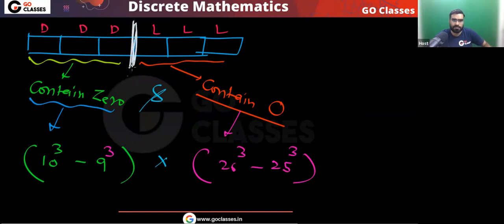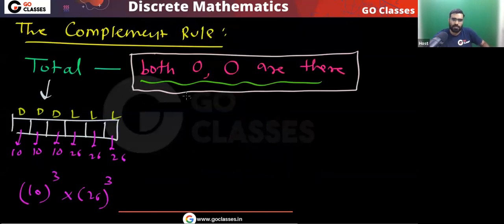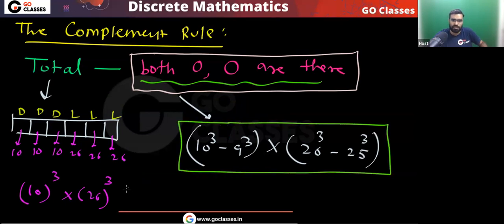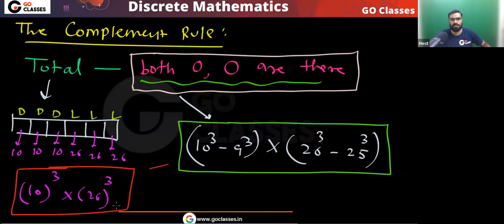I can say total minus not containing 0, and for the letters, total minus not containing O. So your final answer will be 10 to the power 3 minus 9 to the power 3, multiplied by 26 to the power 3 minus 25 to the power 3. This value you remove from this total. This will be your answer.